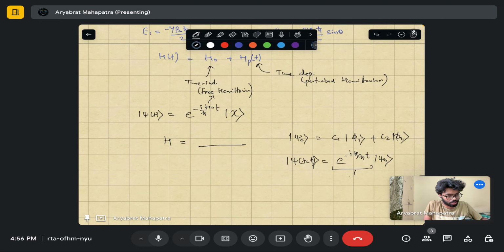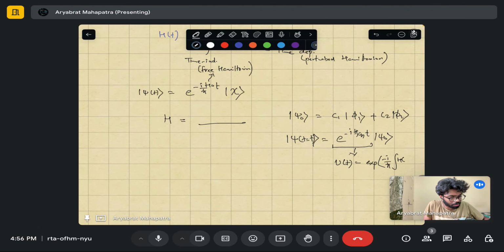So this U of t, how we used to write, is exponential of minus i over h bar, integral of H of t prime dt prime.